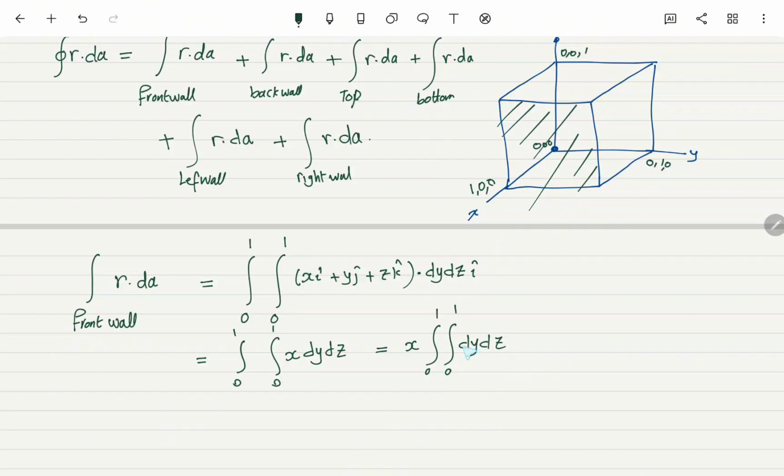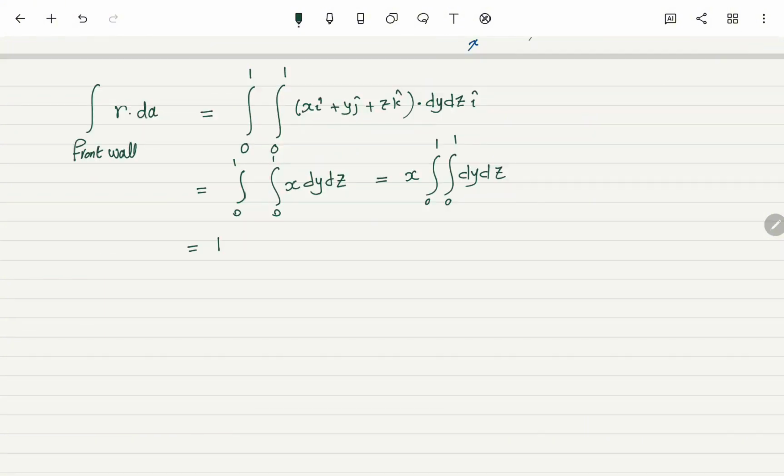The integration of dy is y from 0 to 1, which is just 1, and the integration of dz is z from 0 to 1, so it's 1. And x in this case, for the front wall, is 1, so this whole integral is equal to 1. Therefore, the integration over the front wall of r dot d area is equal to 1.